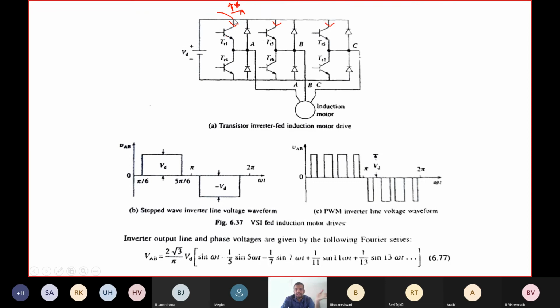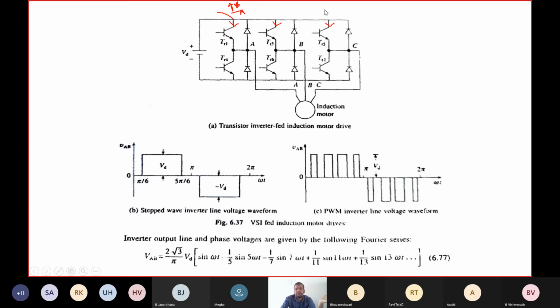So this is the inverter fed induction motor. We can use these transistor modules for CSI or VSI. Here the first leg contains TR1 and TR4, the second leg contains TR3 and TR6, and the third leg contains TR5 and TR2.